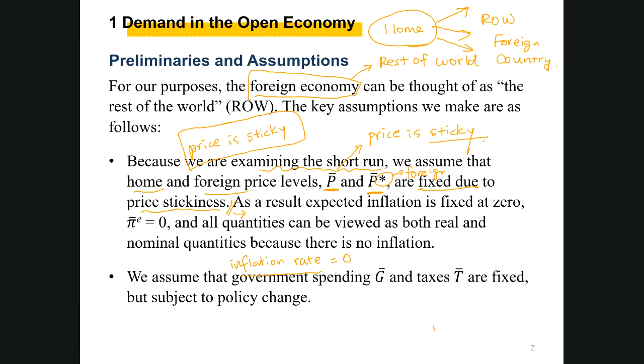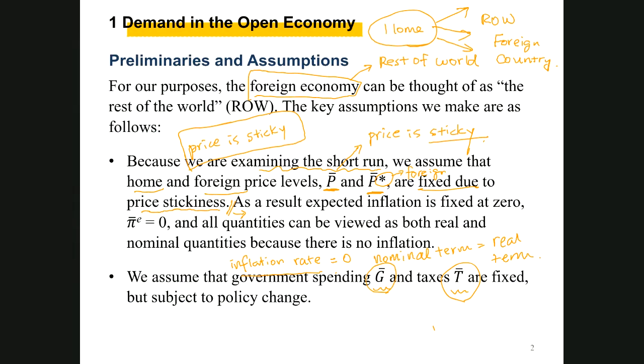So what does it mean? The nominal term is always equal to the real term in this world, right? And then we assume the government spending and the tax are fixed as well.